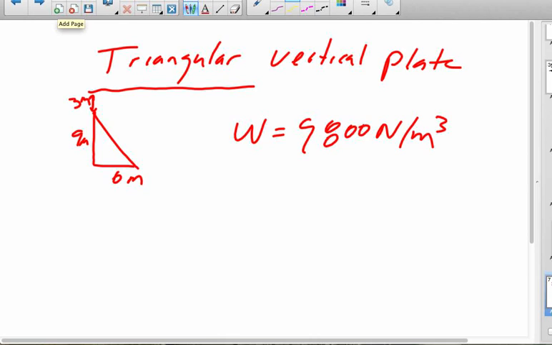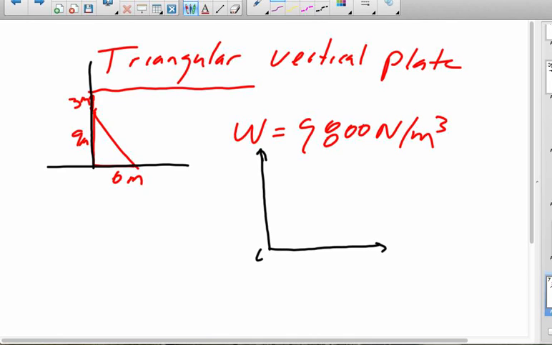All right, so now I'm going to come back in and set up my coordinate system. I'm going to set this thing up right through the middle here. So here's my coordinate system. Here's 0. I have 3, 6, 9, 12, 3, 6.